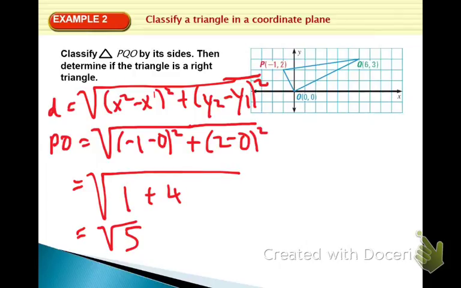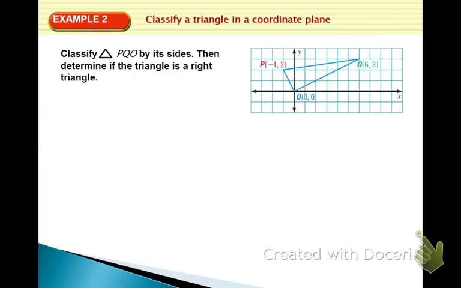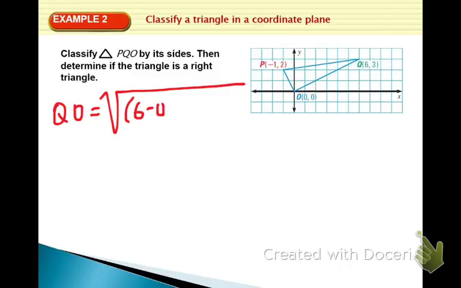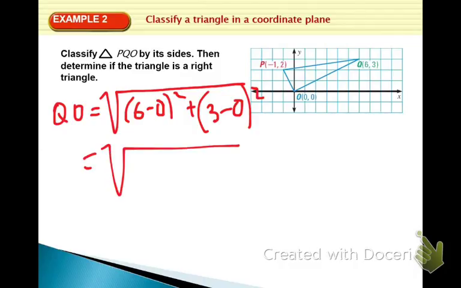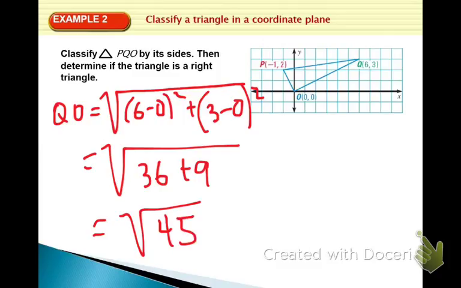Okay, so distance from Q to O would be the square root of 6 minus 0 squared plus 3 minus 0 squared. So that would equal the square root of 6 squared is 36, 3 squared is 9. That would be square root of 45 from Q to O.